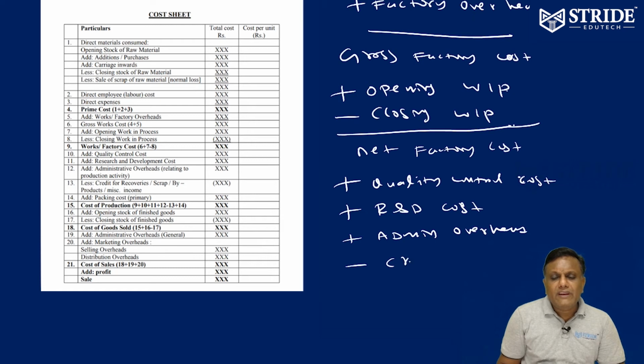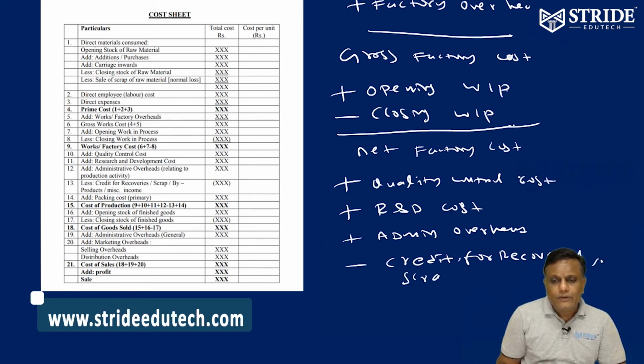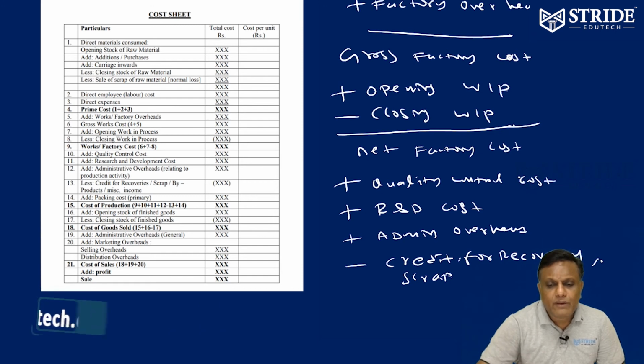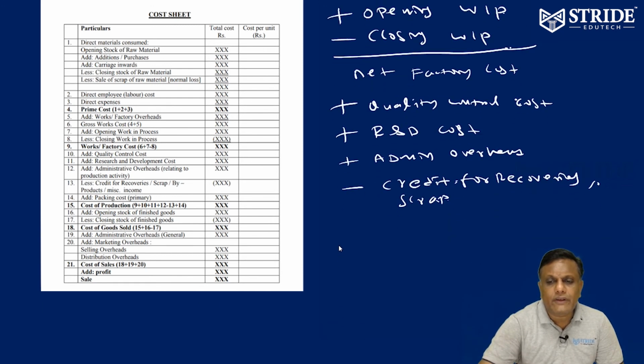Minus any scrap that arises in the factory. If it is sold, a revenue is generated, or any credit available, those items are to be subtracted. It is called credit for recoveries or scrap. So in production, if scrap arises, we can make a sale, there is a revenue, and it is adjusted to the cost.